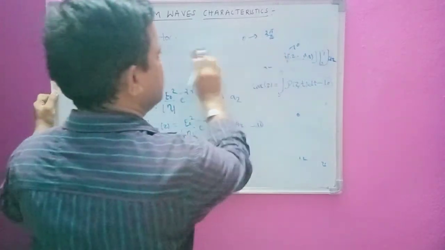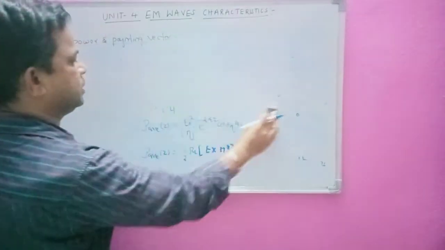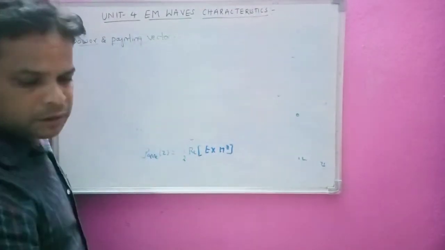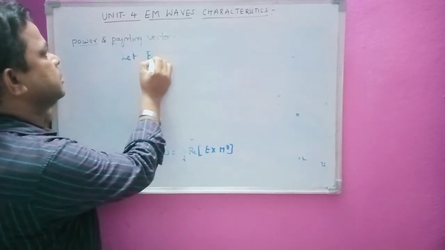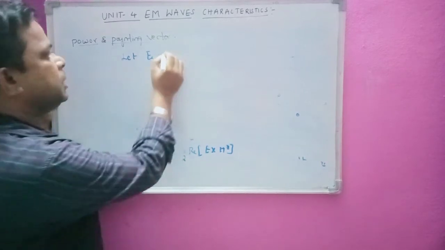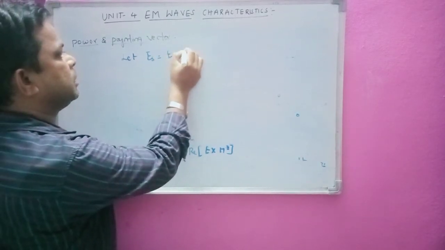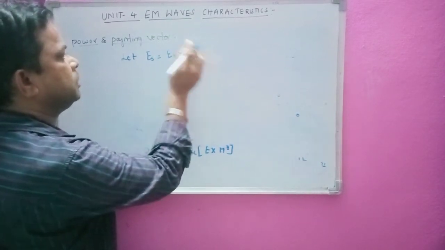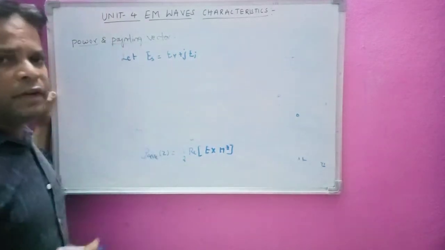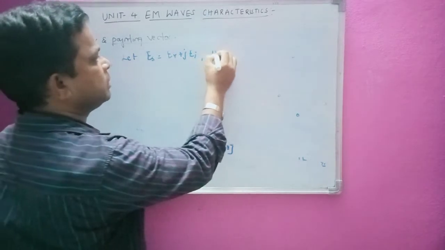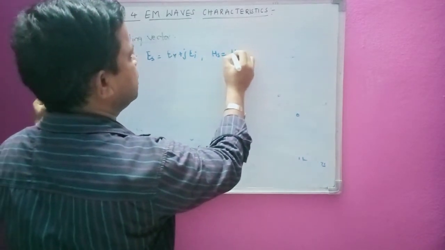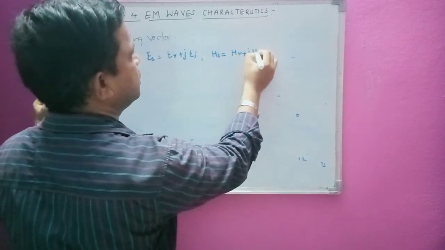In order to prove that, I am going to take the fields. Let us take Es equal to Er plus j Ei. So the electric field is composed of a real part and an imaginary part like this, and Hs has Hr plus j Hi.